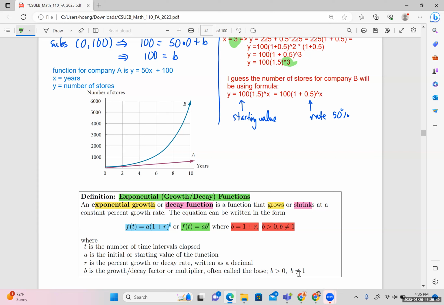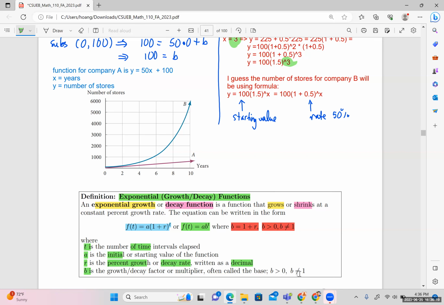So in here we have T is the number of time intervals elapsed. A is the initial or the starting value. So let's say A is initial, T is time, R is the percent growth or decay rate written as a decimal.